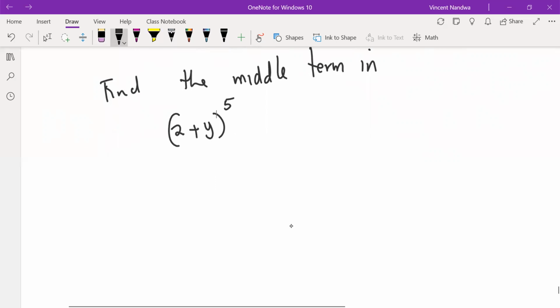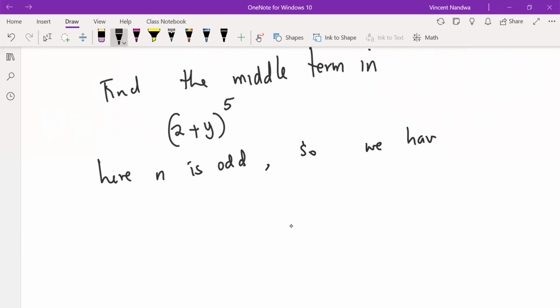So here, n is odd. So we have n + 1, which is 5 + 1, which is 6 terms.